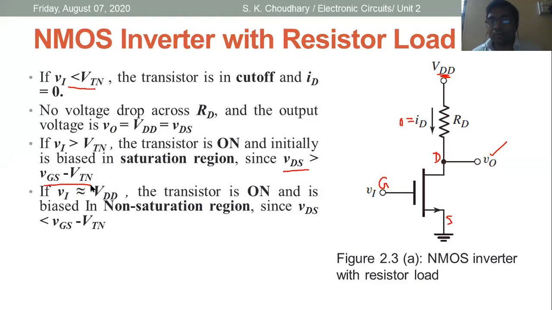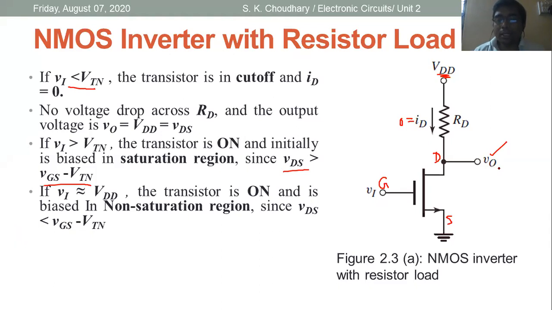The current formula we have learned is ID equal to Kn times (VGS minus VT) whole square. There is some voltage drop across this resistor, ID RD. Now your output voltage decreases from VDD to VDD minus ID RD. So in the saturation region, output voltage is VDD minus ID RD, decreased to some level.